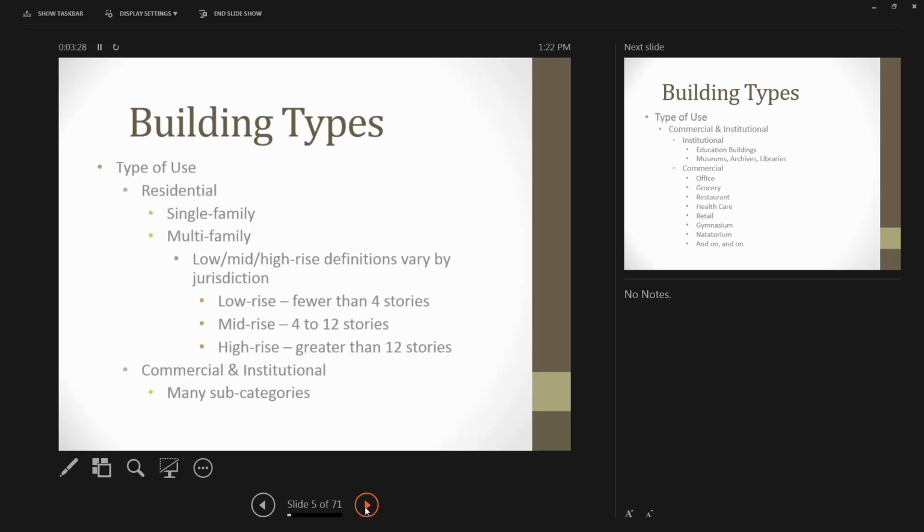The way the codes are broken out are similar to this. You've got residential, single-family, multifamily, and that's basically anything up to 4 stories high. Anything after that becomes a commercial use application. Mid-rise and high-rise are both mandated under the commercial codes.